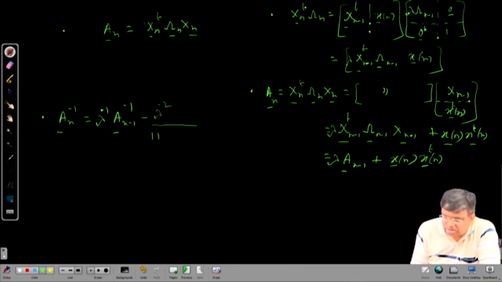There is a scalar, this scalar lambda inverse x n transpose a n inverse x n: row vector, matrix, column vector. Matrix into column vector is a column, row into column is a scalar. So this whole thing is a scalar, this times this matrix part.